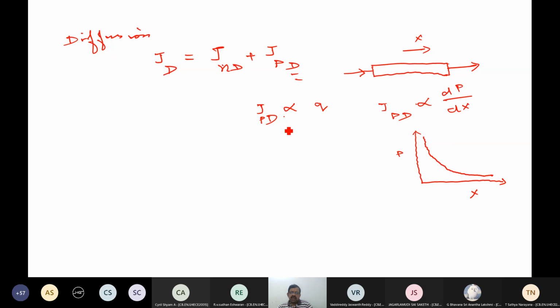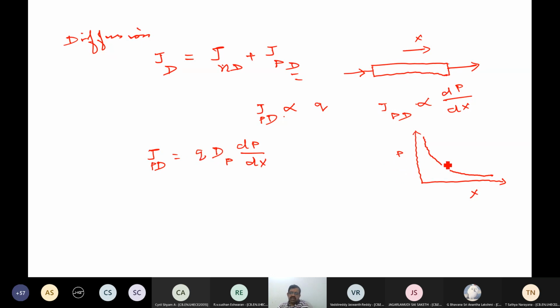Okay, and therefore this diffusion current density JPD is equivalent to, the proportionality constant is going to be the diffusion coefficient. Okay, so it becomes q dp by dx.